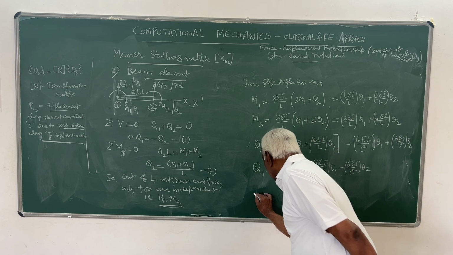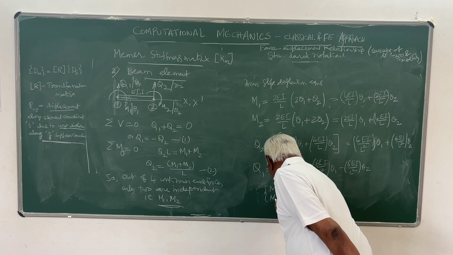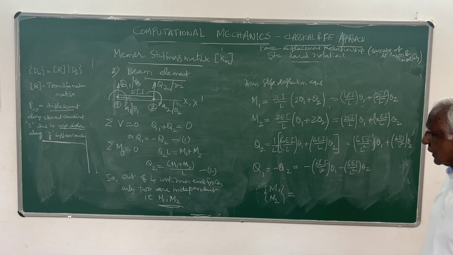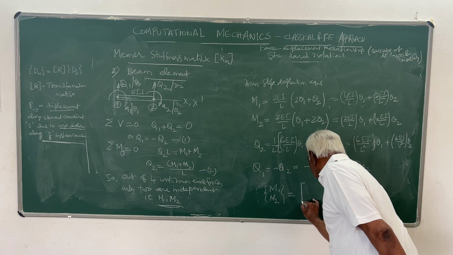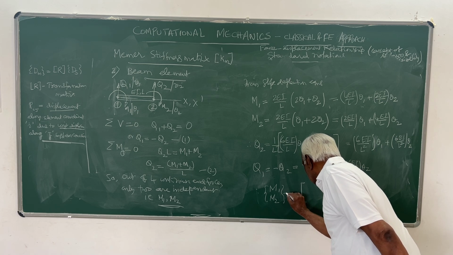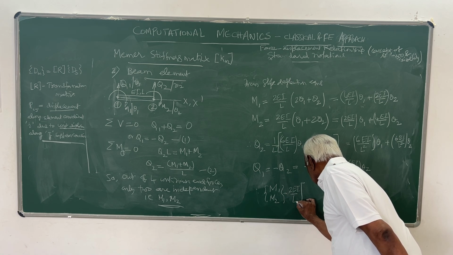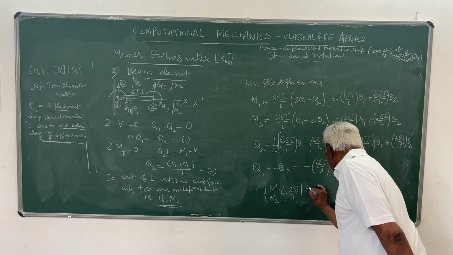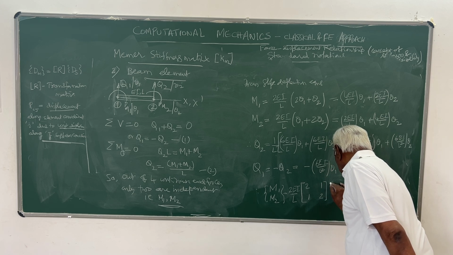Therefore, M1, M2, Q1, Q2, the member unknown forces, is equal to 2EI by L times the matrix of 2, 1, 1, 2.